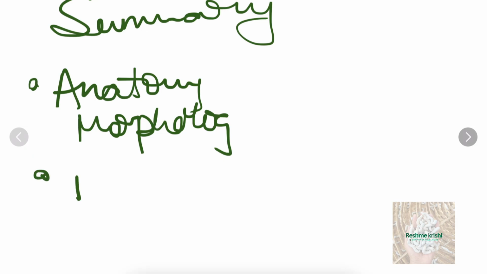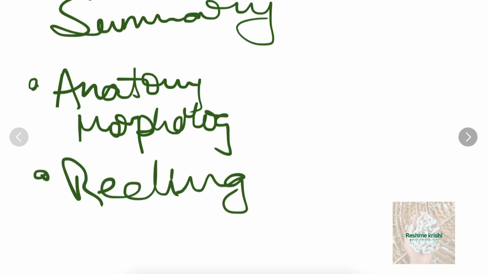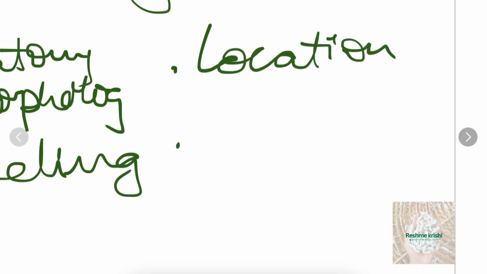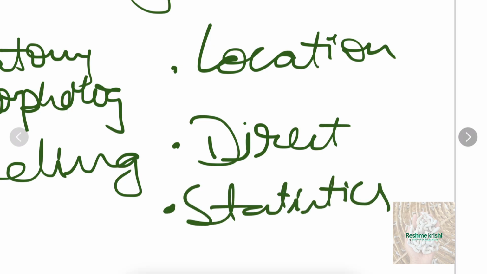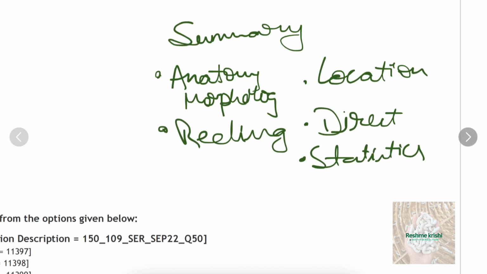Then reeling. Then comes the institute-based location type questions, and direct questions, like where it is present, and current statistics. You need to know all these things while going to the question and answer in 2025.